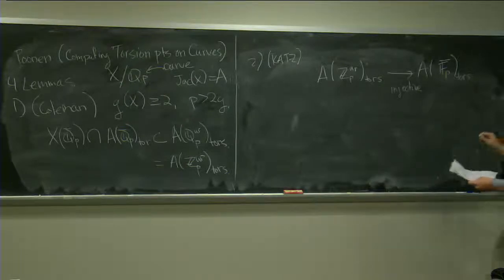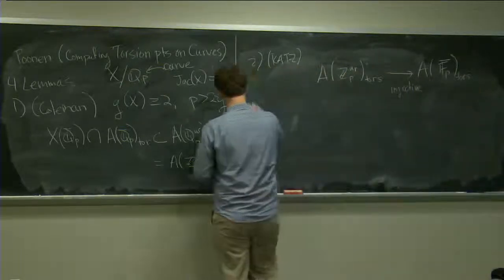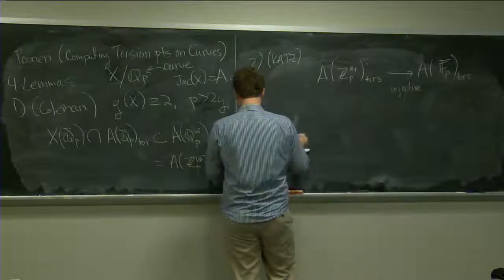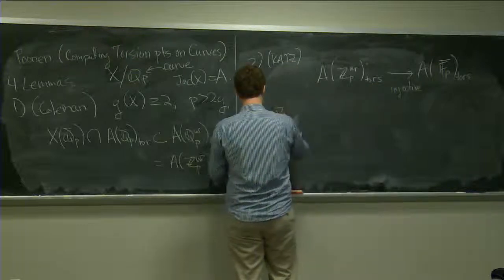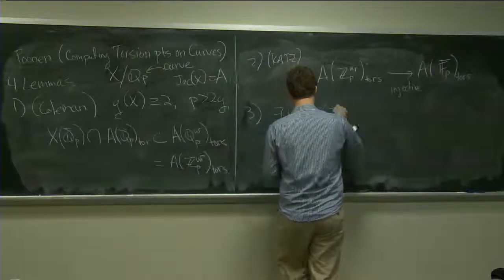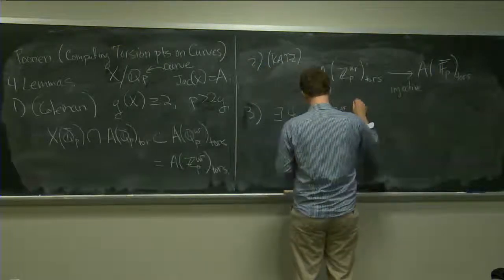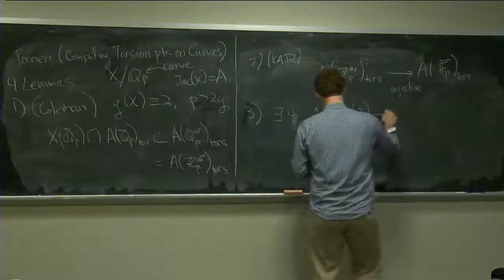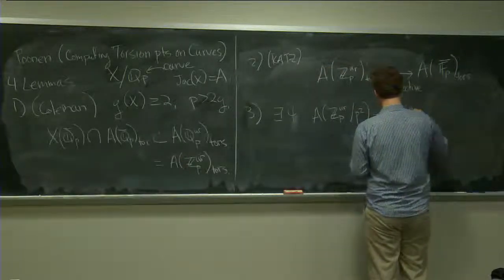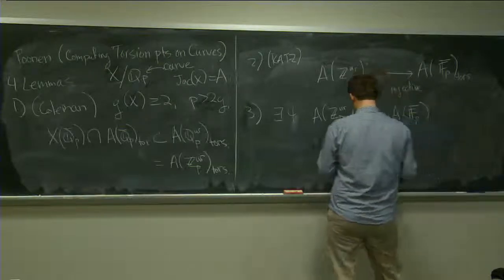So, okay, this is nice. So there exists a psi such that A from Zp mod p squared to A of Fp bar.